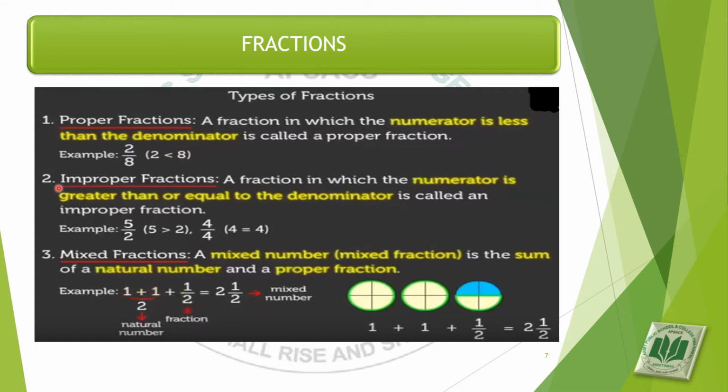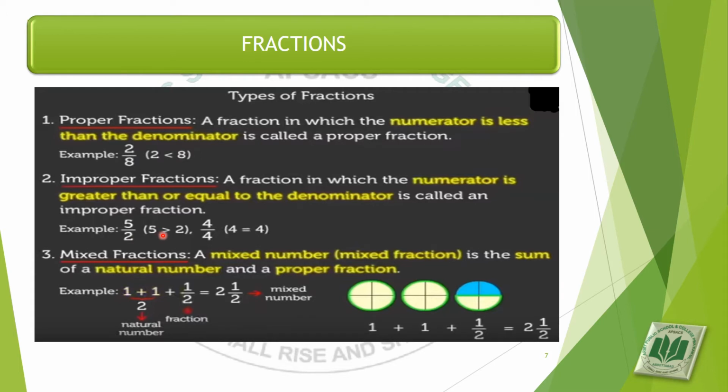The second type is improper fraction. In this fraction, the numerator is greater than or equal to the denominator. For example, we have a fraction 5 by 2. Here 5 is the numerator and 2 is the denominator.